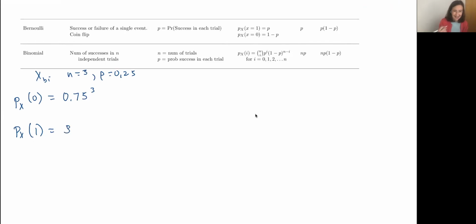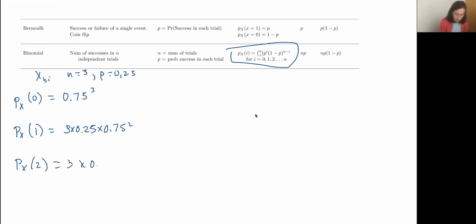The probability that x was 1, that was 3 times 0.25 times 0.75 squared. I'm writing this in kind of an intentional order to help us see how these numbers fit the formula here. Probability of 2 was 3 times 0.25 squared times 0.75, and the probability of 3 is 0.25 cubed.